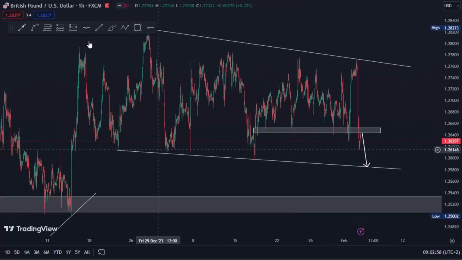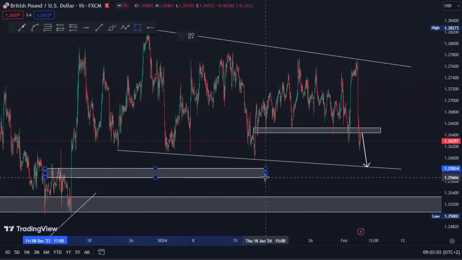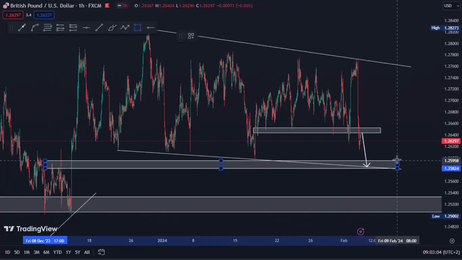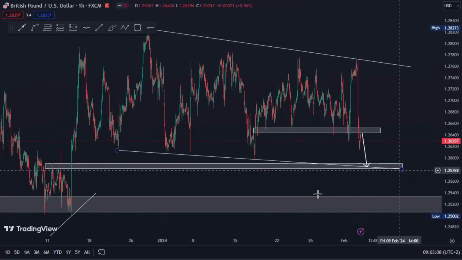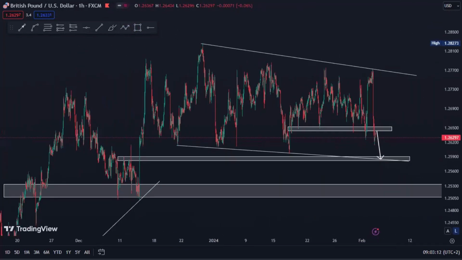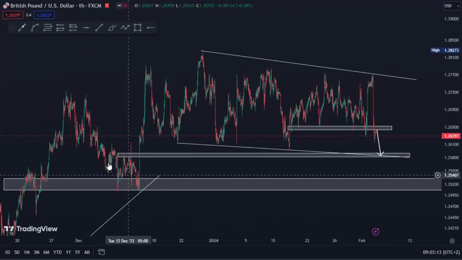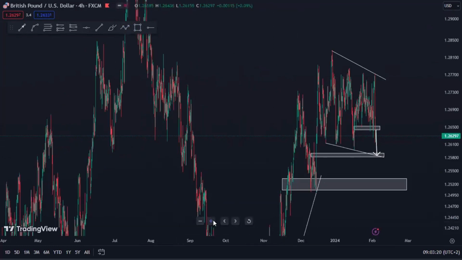Also, what do we have? We have this area here. You understand? Let's go to H4 and show you so that you can see it clearly.